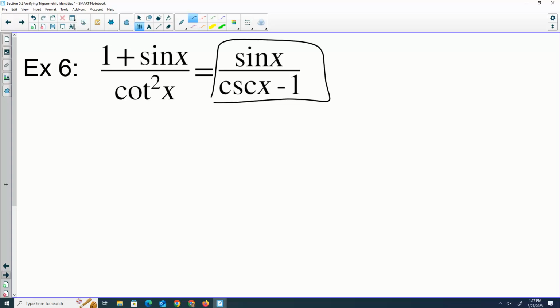Okay, so looking at what I have, I do have a cotangent squared. Cotangent squared would be equal to? Okay, that Pythagorean identity. Okay.